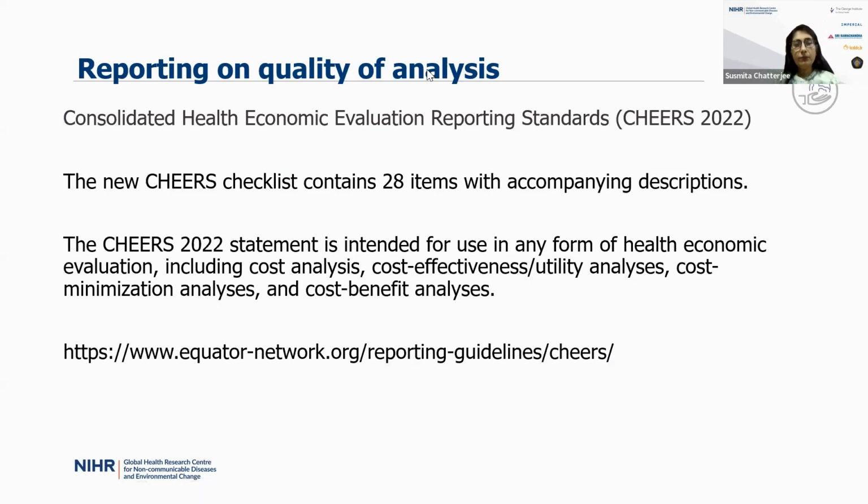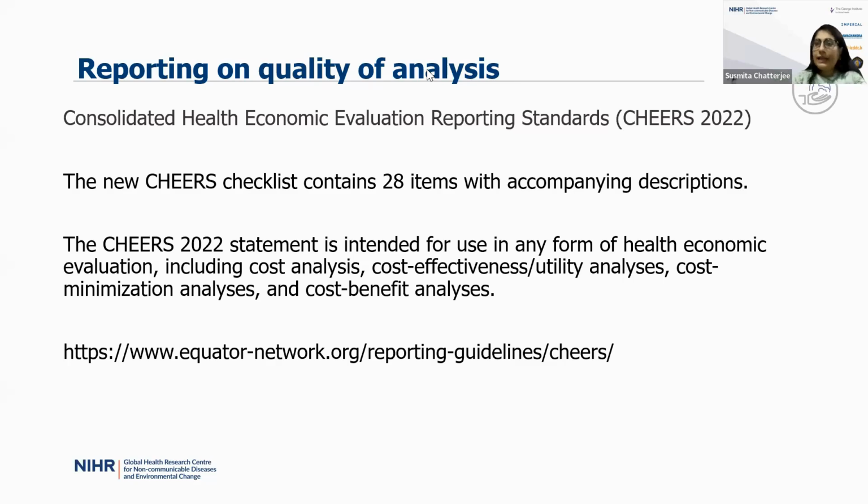You have done with your work and you are going to report this. It could be in terms of a report, it could be in terms of a publication, anything. When you are going to report your study results, you have to maintain the quality. And for the quality of analysis, there is a checklist.